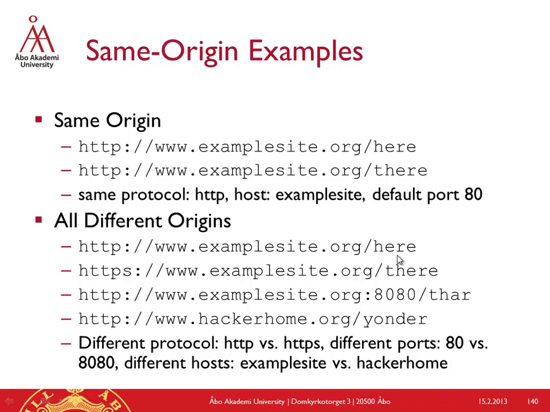Here we have the same line as here, but these three lines have different origins because the protocol is different, the port number is different, and the address is also different. So that's why all four of these lines have different origins.